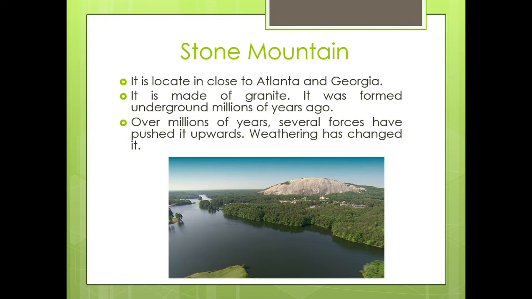So after granite was formed underground, there were several forces and several processes that pushed it upwards. And after it went upwards, it created a mountain that we can see right there. And something interesting that you can notice is that it does not have any trees. That is caused because of weathering.